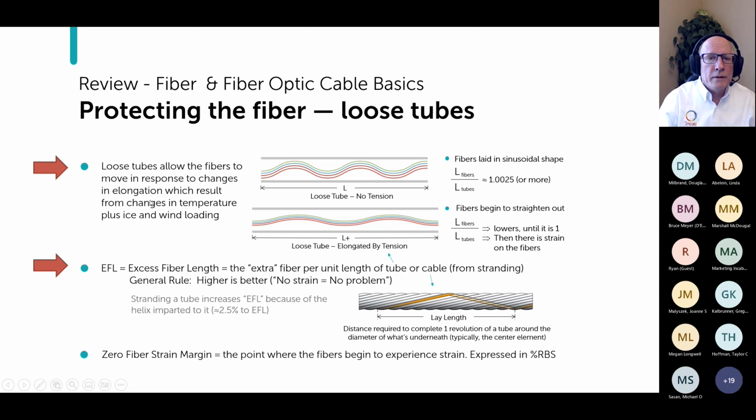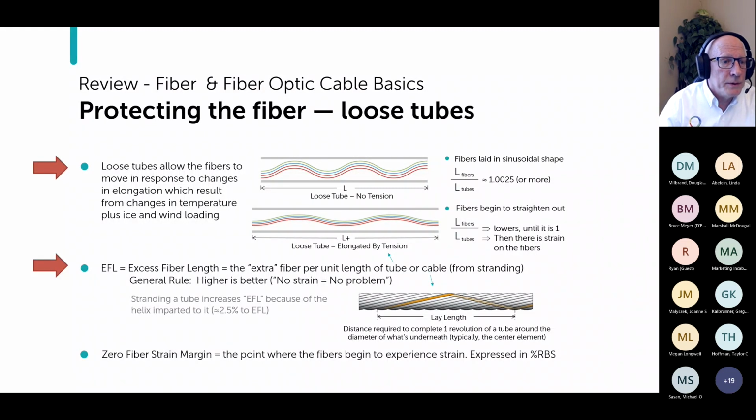In the loose tube design concept, the fibers can move in response to changes in elongation of the tube itself or the cable, because remember, they're going to end up working together. And those changes in elongation result from changes in temperature.